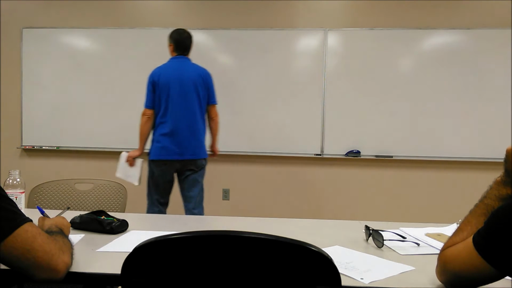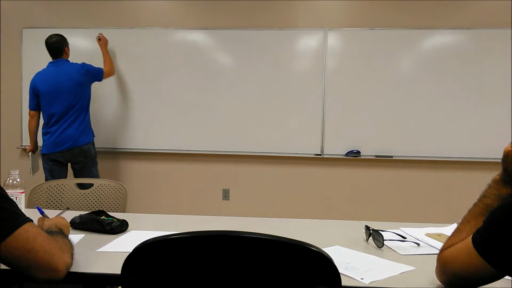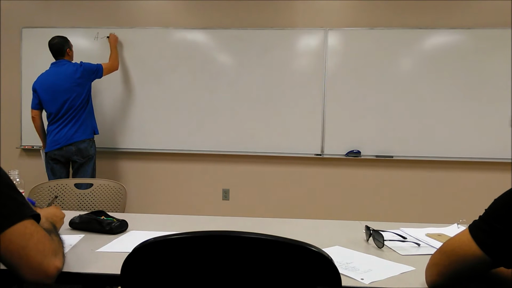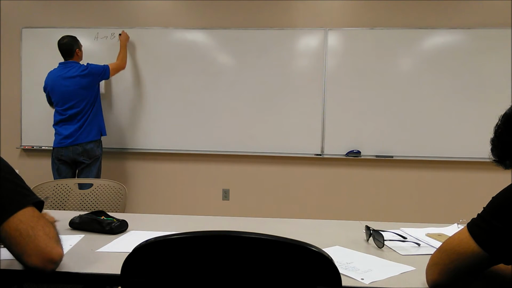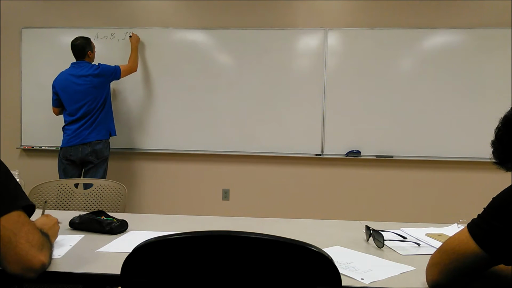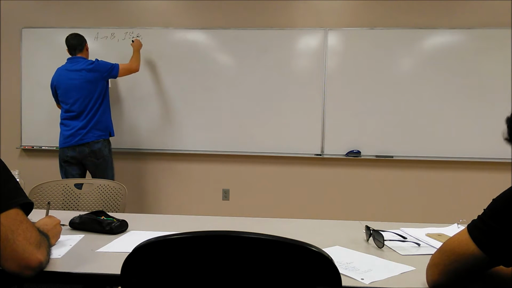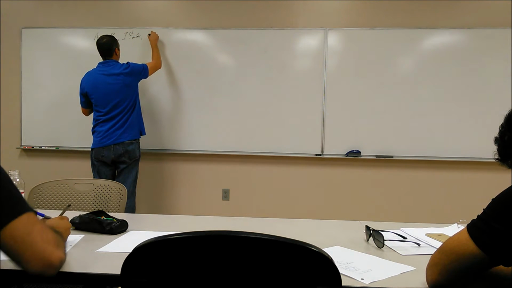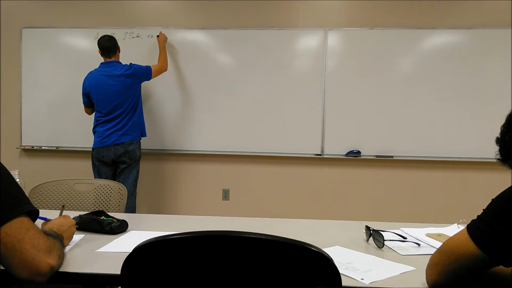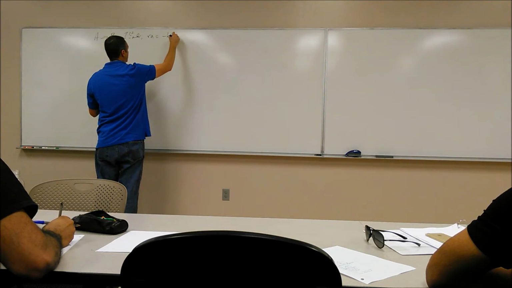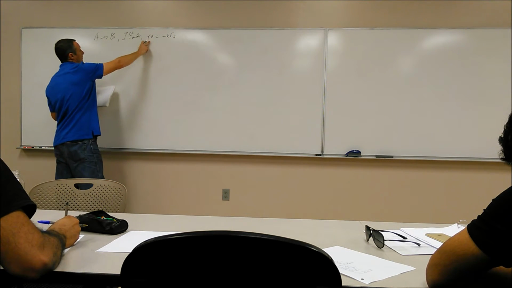So I'm just going to solve them both. One is a CSTR and one is a plug flow. Show you the differences. So your reaction is A going to B. It's first order. Our rate then is defined as minus kC_A.